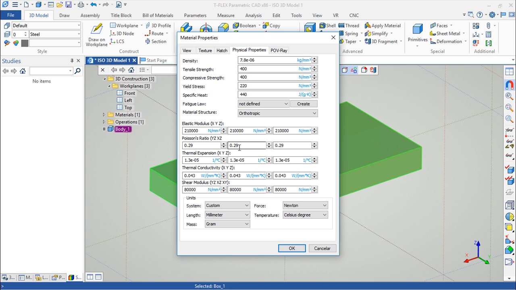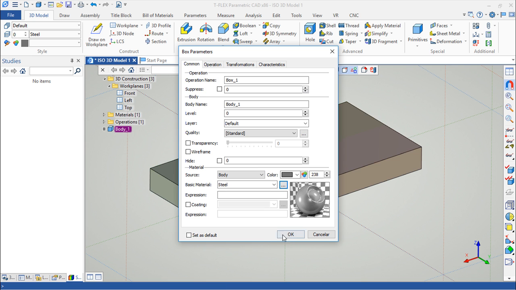There is another important topic regarding the coordinate system specified for the body, and that allows us to define the direction of the axis. So we can have these values here.